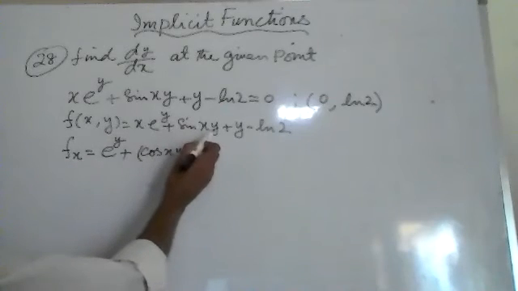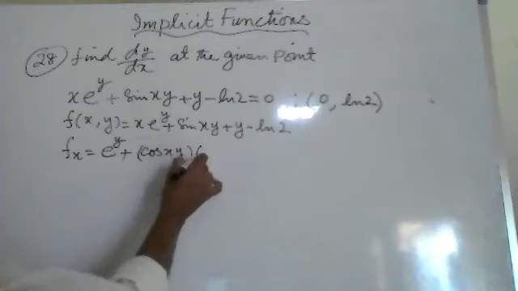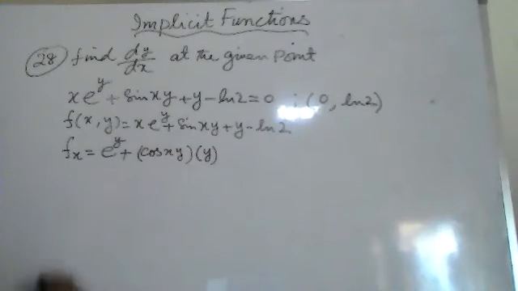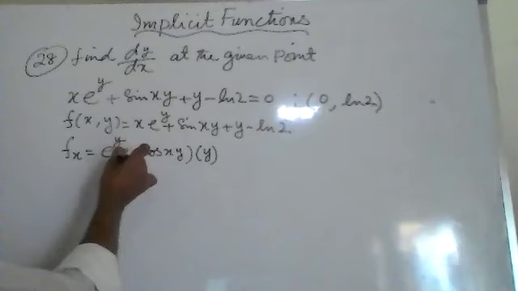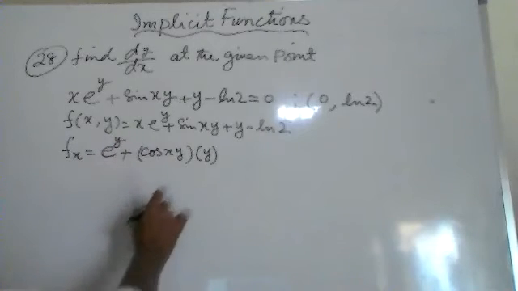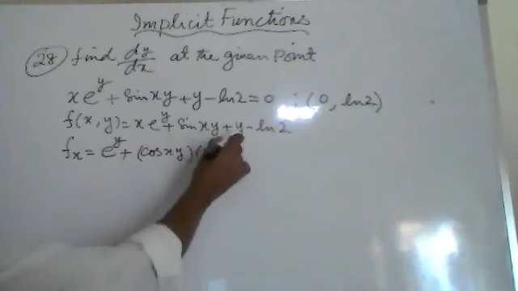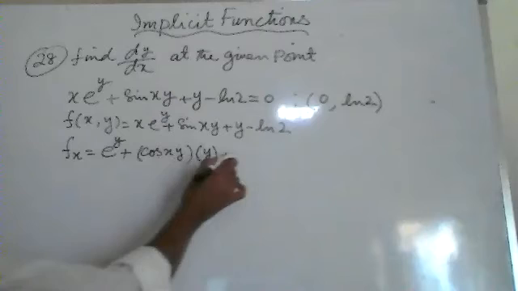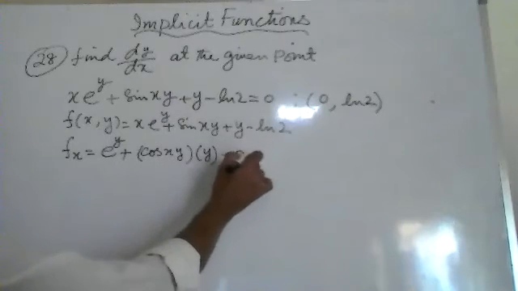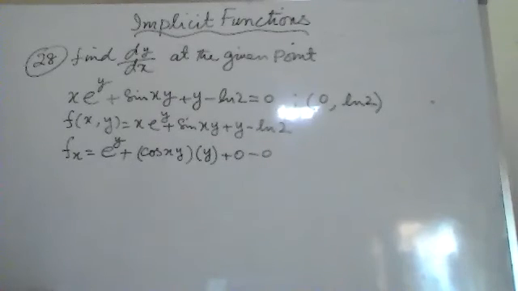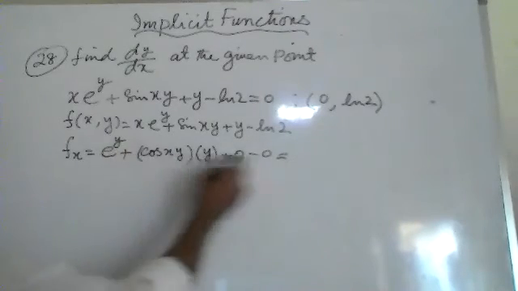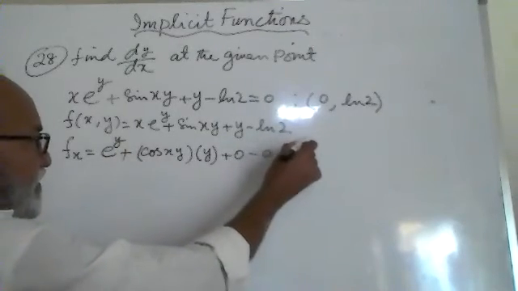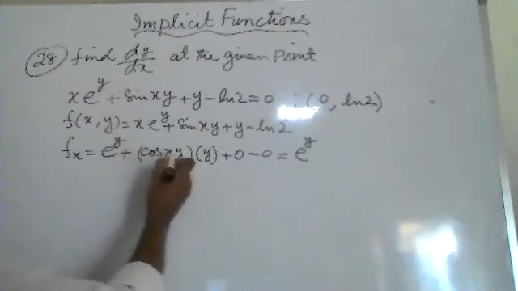The derivative of x will be 1, 1 into y will be y. I put the whole bracket so that y is multiplied. Plus the derivative of y with respect to x will be 0, and this is constant. So that will become e raised to power y plus y cos xy.